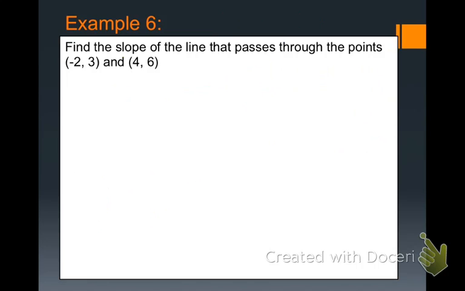Okay, I want to show you one more example, but there's actually a different way to find the slope, and it's called the racetrack method. So the formula, you definitely need to know the formula, but another way to set it up, just to remind yourself to make sure that the y values are on top, is called the racetrack method.